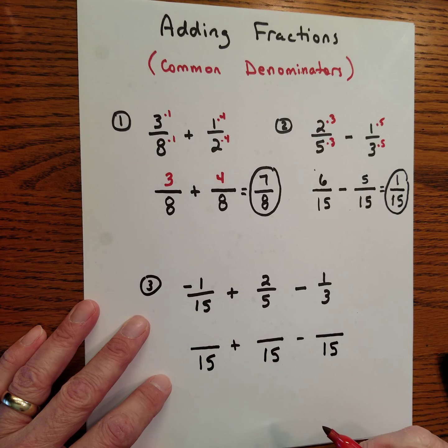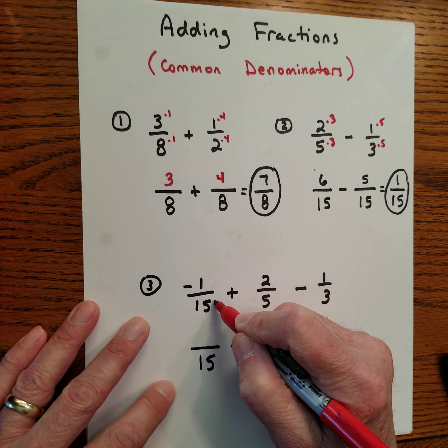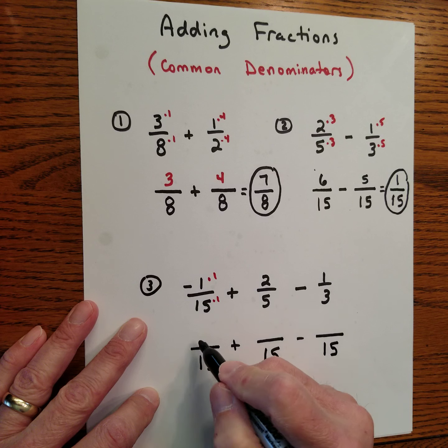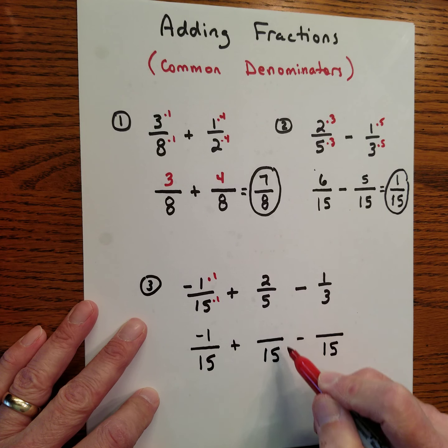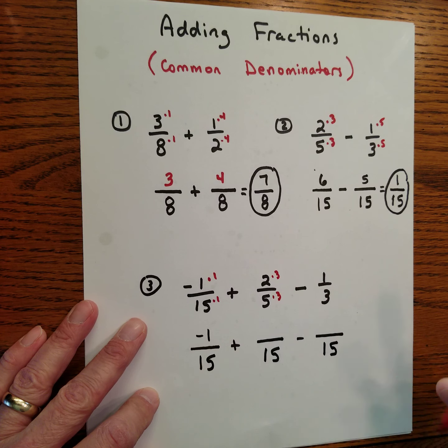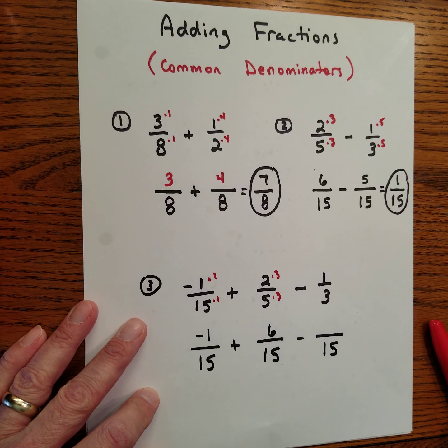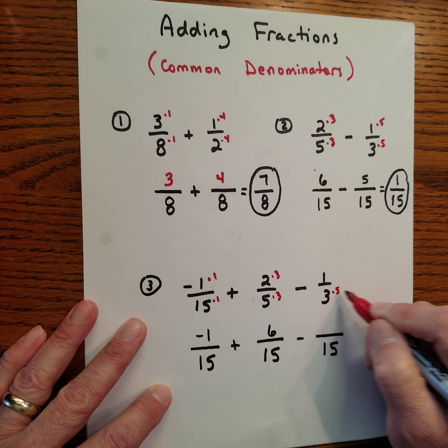Now let's get the numerators. What do you multiply times 15 to get 15? It's 1. We'll multiply the top by 1. What do you multiply times 5 to get 15? It's 3. We'll multiply the top by 3. What do you multiply times 3 to get 15? It's 5.